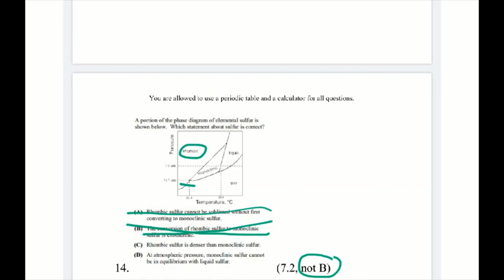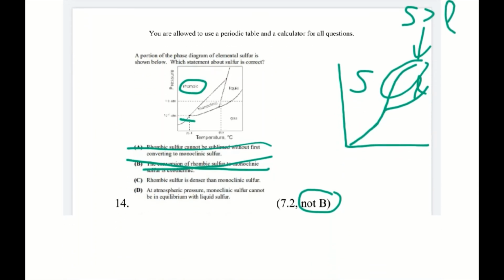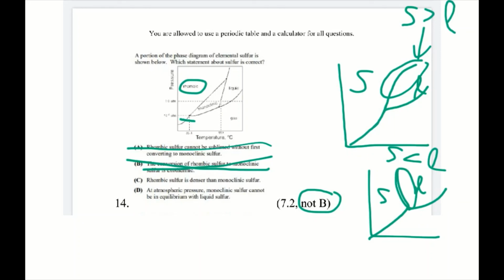Rhombic sulfur is denser than monoclinic sulfur. If we remember from our phase diagrams, a positive slope between the solid and liquid phase must mean that the solid is more dense than the liquid. If the opposite happens, where the solid is less dense than the liquid, then you have a negative slope.